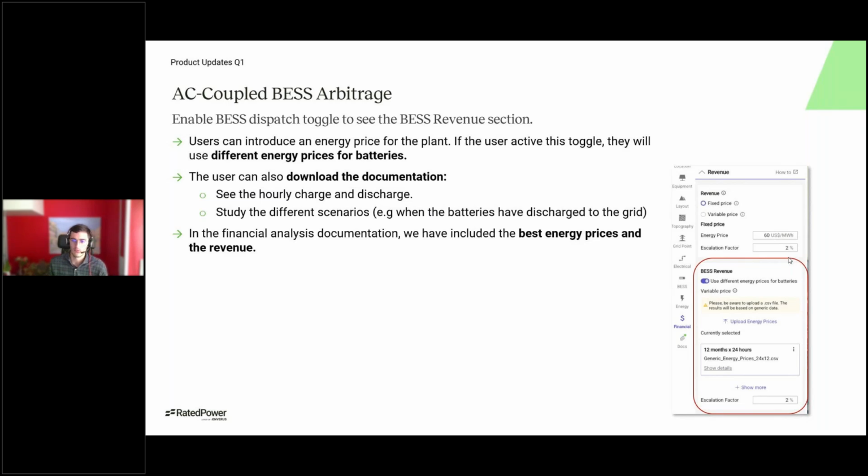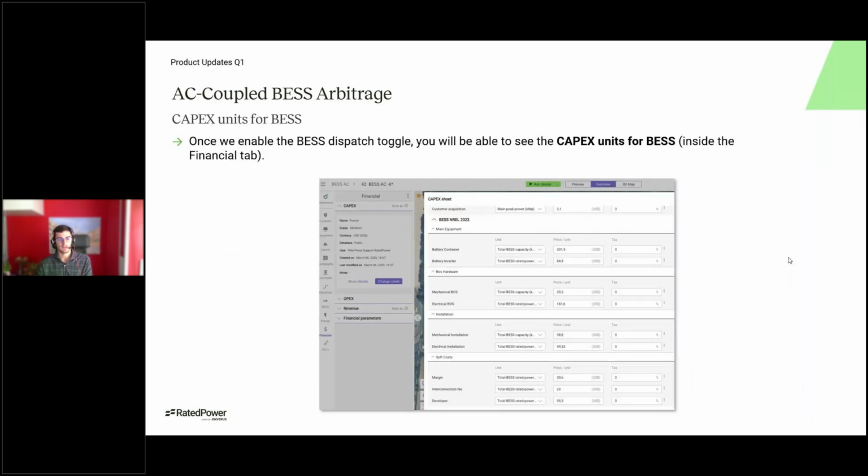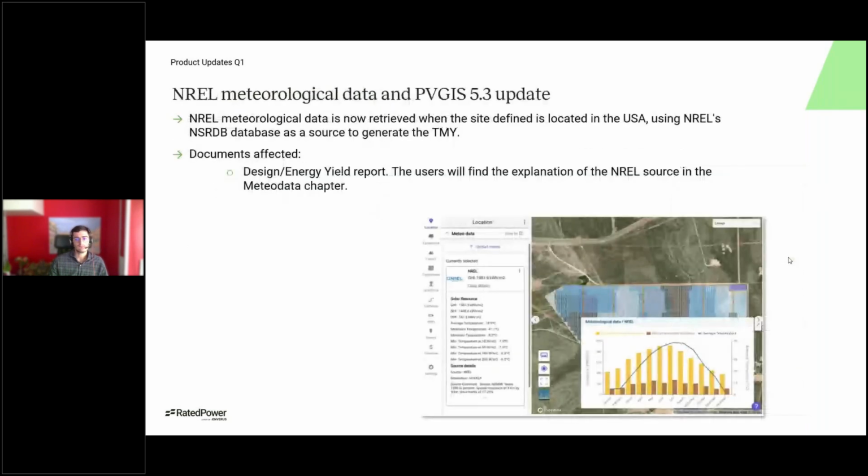So we can do that from the financial section. As we see, we've incorporated this option in the battery section, but there are other inputs that, of course, will affect the arbitrage, which are related to financial.